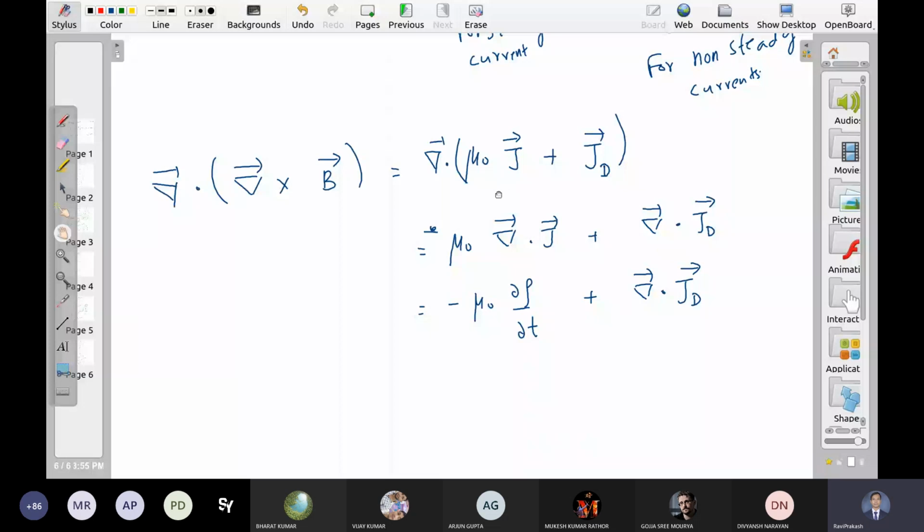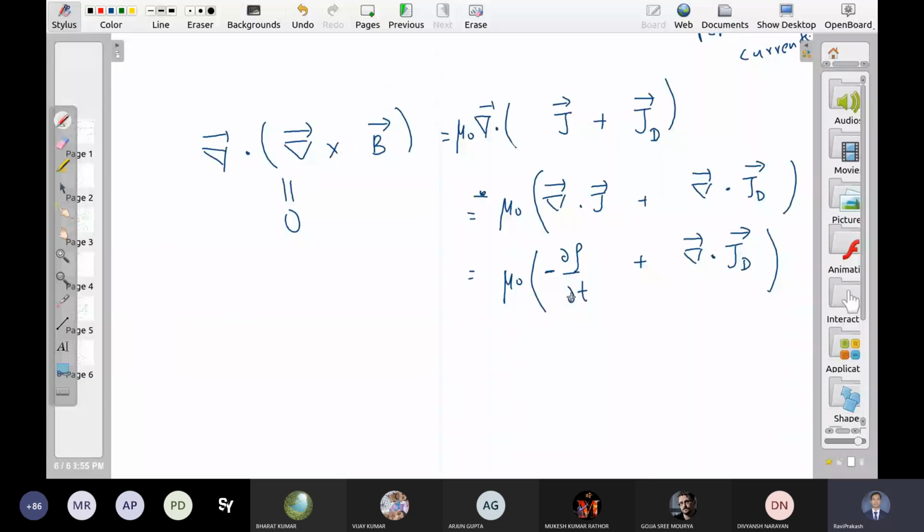Okay, what is del dot JD? This quantity is 0, so this thing has to be 0.